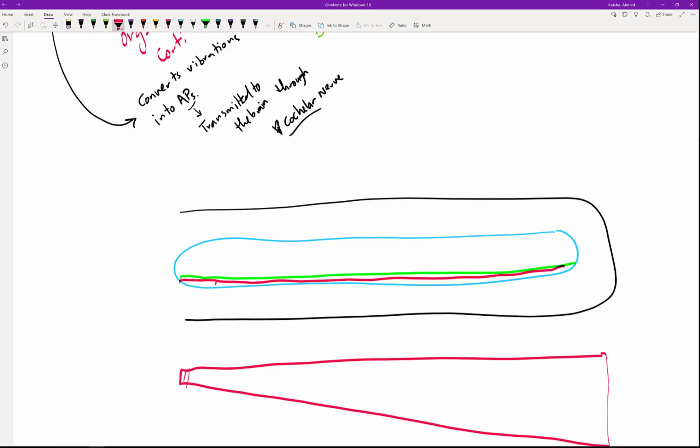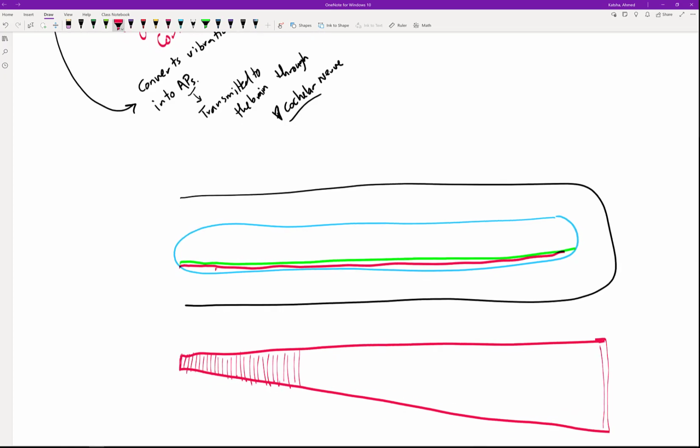So those are like this, fibers. As we move toward the tip of the cochlea, those fibers will get really long, whereas at the base, they are extremely short. You can think of them as fibers of the basilar membrane, or of the vestibular membrane.